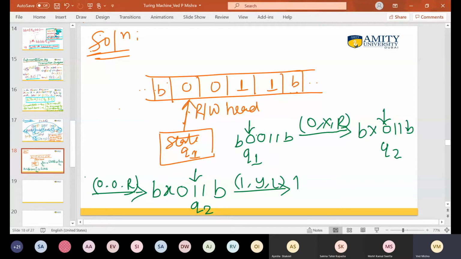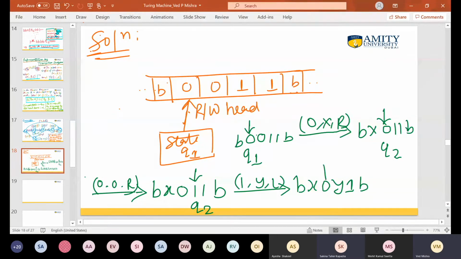So what will you write now? B, X, then 0, then Y, Y, 1B. And your read write head will go where now? Left on 0.